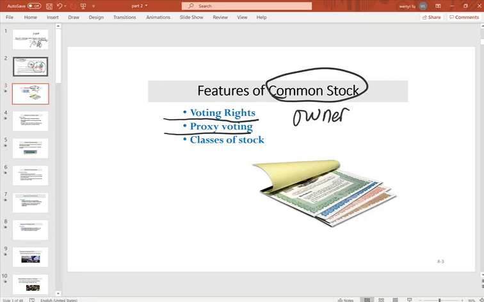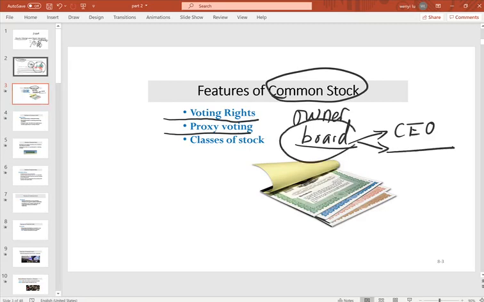So you can choose the board members, then the board will select the chief executive officer, CEO, and the other management teams. So you vote for the board members, and the board will select who will work for you.